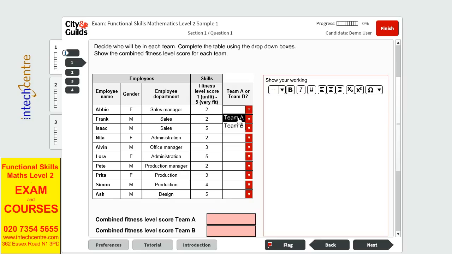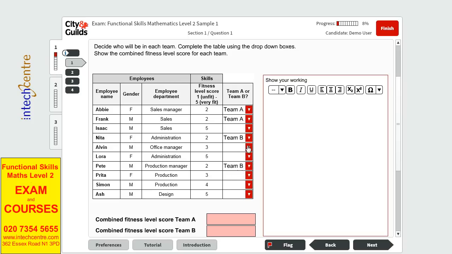So here you could put Abby in team A because she is a team manager, and then we could have a person with the same score, Pete, in team B. So now we know we have a manager in each team, and they are equal for now. We can go ahead and put Frank in team A, and we can also put Nita in team B. The teams are still equal in their total scores.